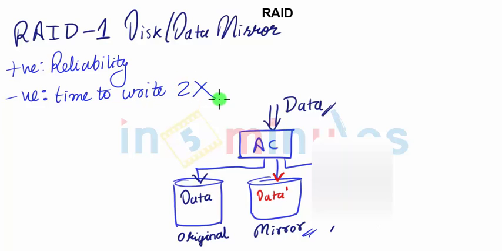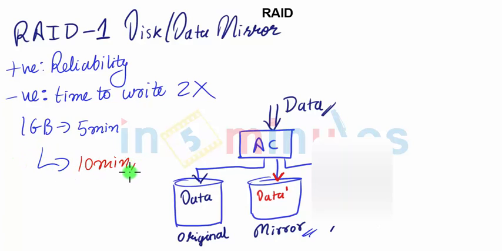Because if you are taking roughly 5 minutes for writing 1 GB, now you would be using 10 minutes for writing this data, for the obvious reason, because first 5 minutes you'll be copying data to the original, and then next 5 minutes you'll be copying data to the mirror. So that's basically where this is used.